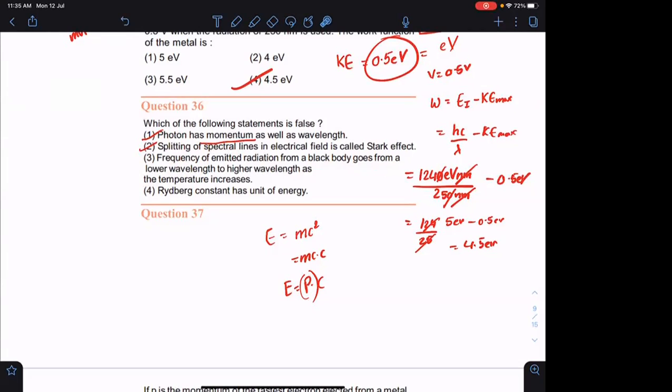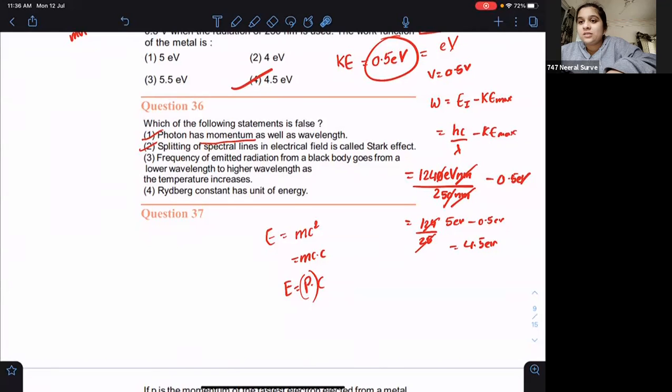Whenever the black body temperature increases, what will happen to the energy of the emitted radiation? If you are heating the black body, what will happen to the energy that is emitted from the black body? Will that increase or decrease?